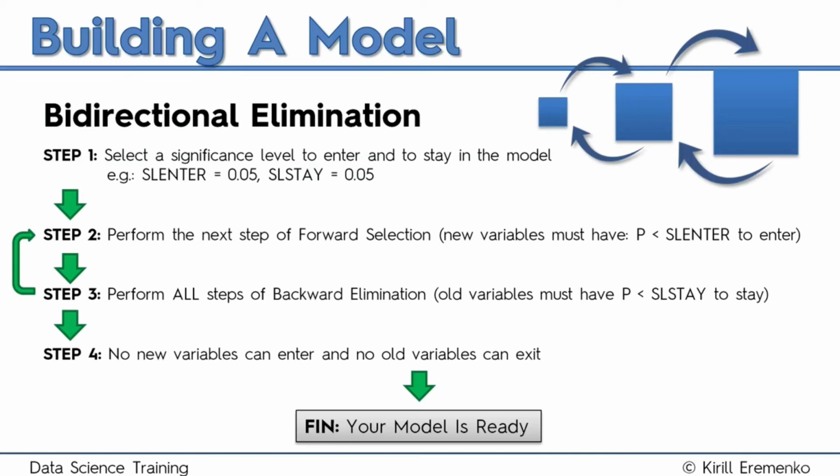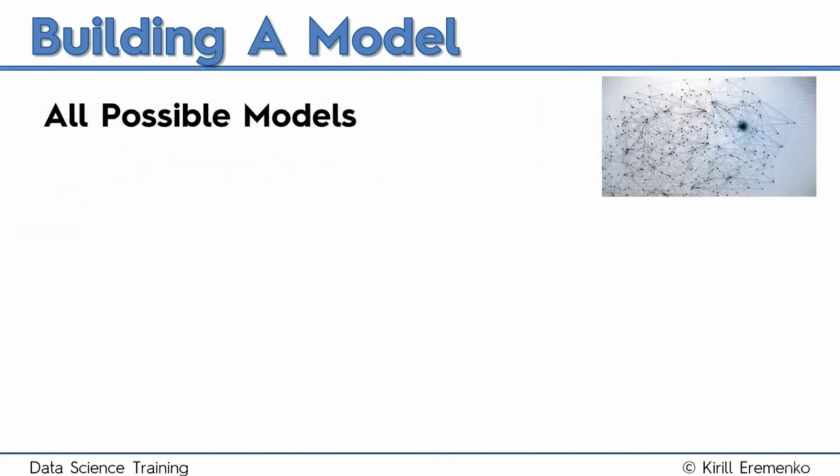Of course, you would have to get a computer to do this for you because otherwise you'd go insane putting variables in and taking them out. But that's how bidirectional elimination works. Once again, some people call it stepwise regression.